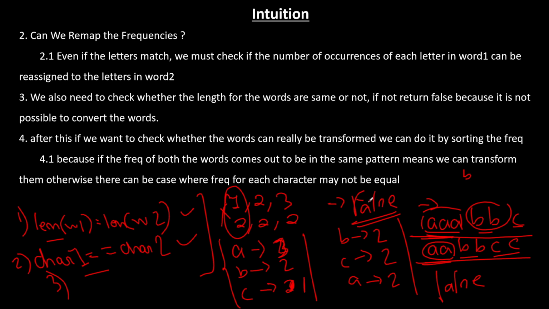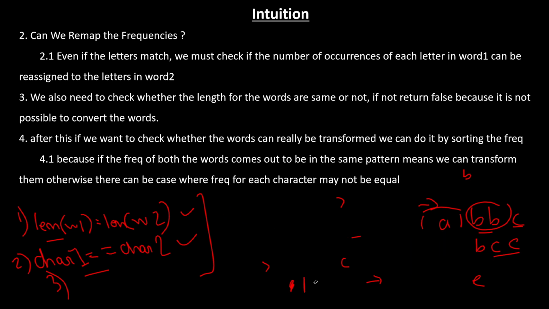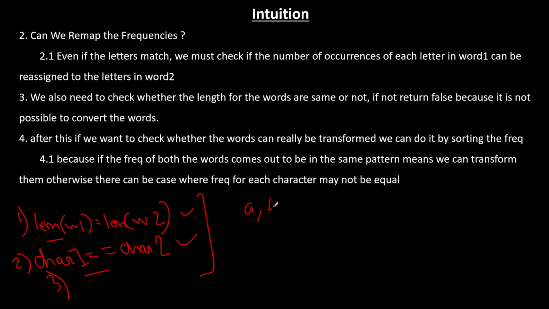even if there would have been a case, let me take another example to make it clearer. I hope you are getting the intuition of what we are trying to do here. Suppose you had A one time, B two times, and C three times. In the second word, suppose you had C one time, B two times, and A three times.